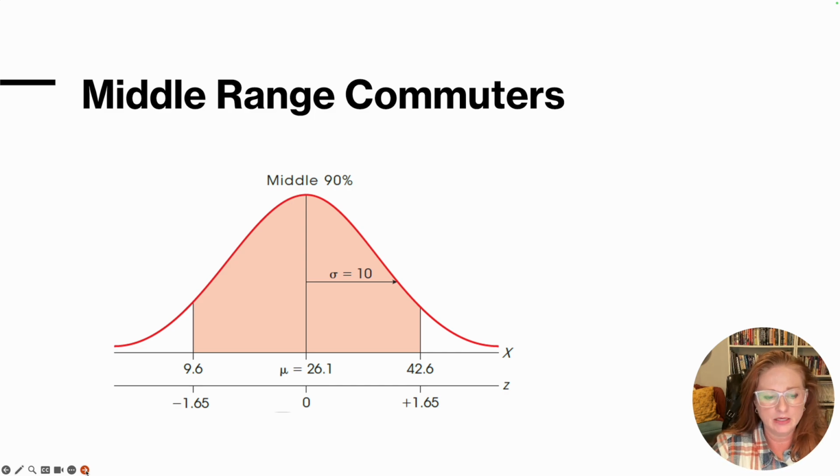We're saying the average commuter takes 26.1 minutes to drive to work. So if I'm looking for the middle 90%, I'm chopping off the bottom 5% and the top 5%.